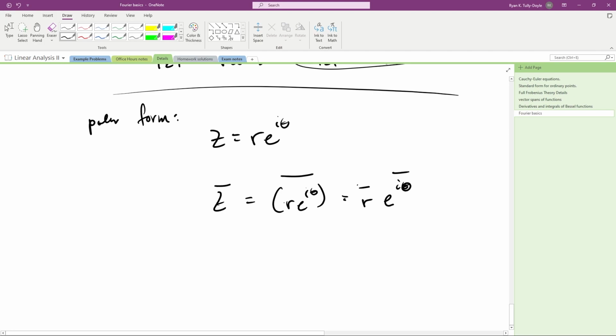Now the radius in a polar form is a real number. And whenever you take the complex conjugate of a real number, you just get back the same number unchanged. There's no imaginary part to negate, right? So this is just r.